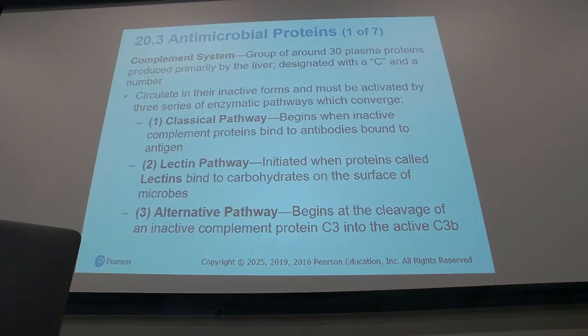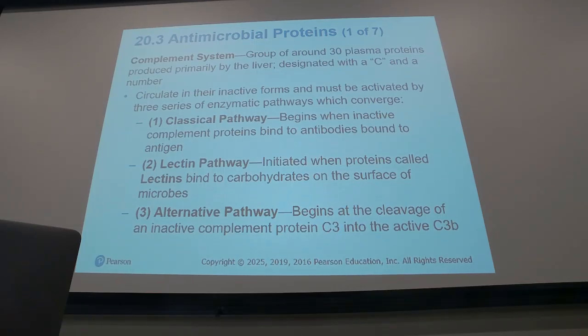So the proteins of the complement system are inactive, and they only get activated when you have a pathogen. They are made in the liver, and they are designated with C and a number.